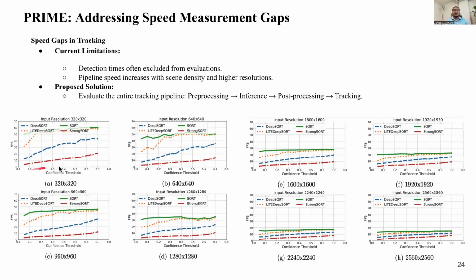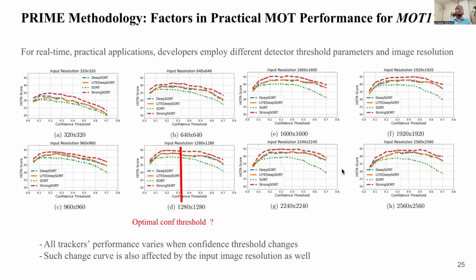Because if you reduce the confidence threshold, there will be more candidate detections, which means there will be more work for tracking to extract features and make matching. That's why the speed changes when you modify the confidence threshold or any other parameters, right? And the same for input resolution. Obviously, when you change the resolution, the speed drops. This is what Prime allows us to see, the practical impact of these intrinsic components or factors.